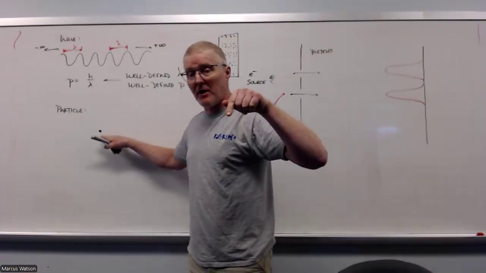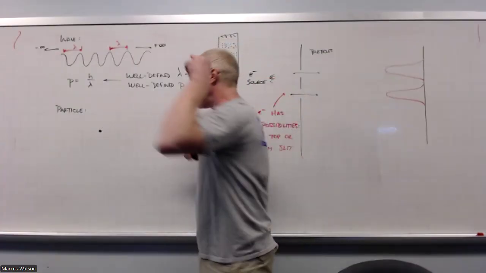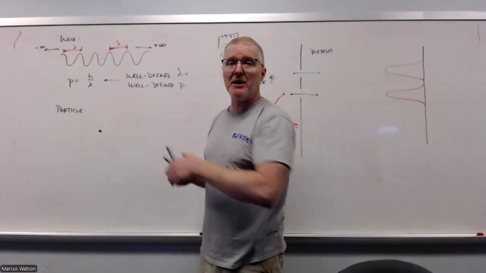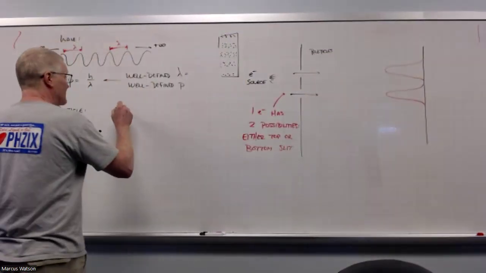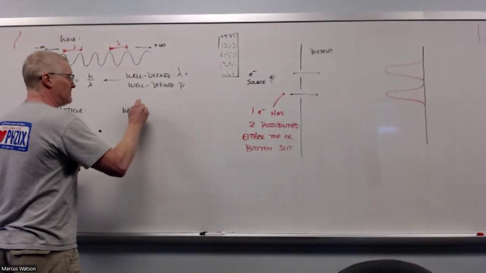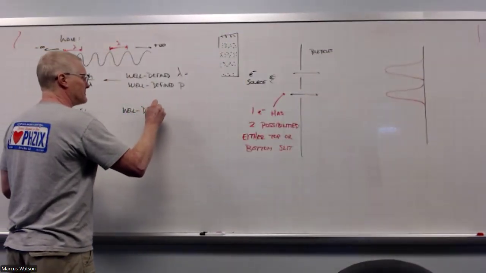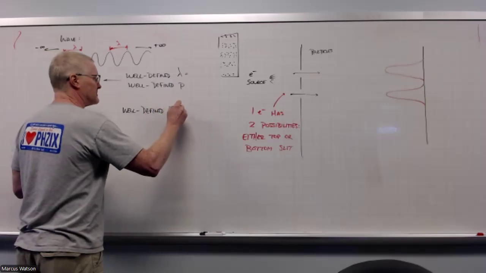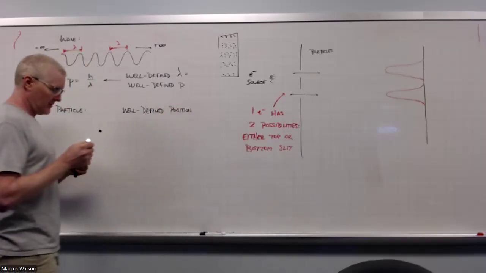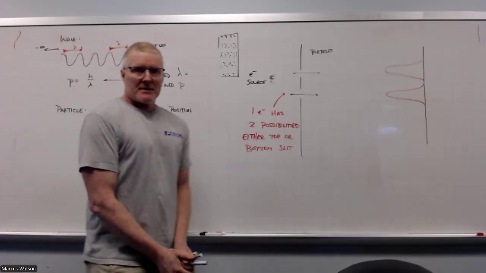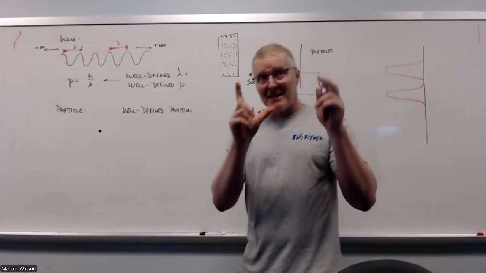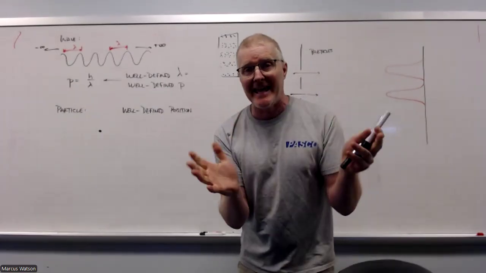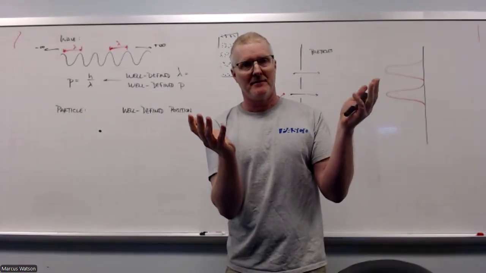So with the particle model, I'll be able to say the particle is there. I can measure its position very, very well. It just has a well-defined position. Because that's what a particle is. It's right there. However, from my one single photograph, I can't tell which way the ball's moving.